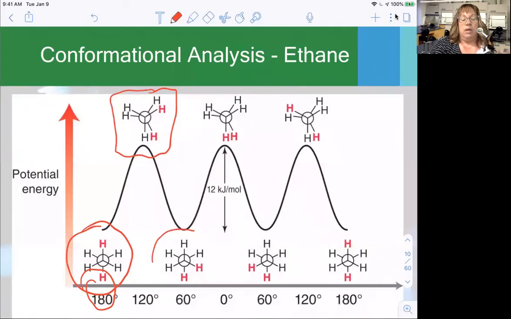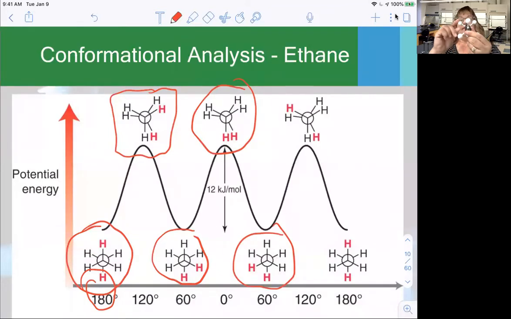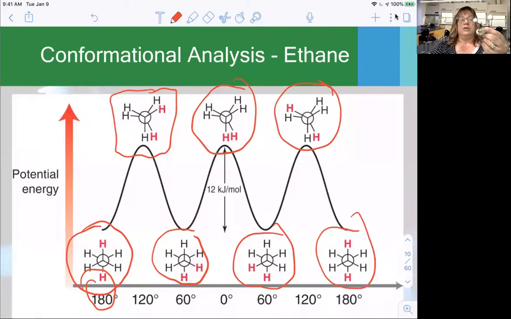Where now I have another staggered, and then I rotate it, and I get eclipsed, and then I rotate it, and I get staggered, and then I rotate it, and I get eclipsed, and then I rotate it, and I get staggered.